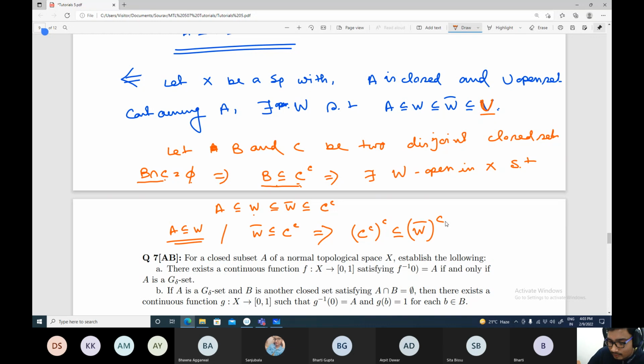Now can we say W intersection W closure complement is empty? Yes, so we got the result, right? This is another open set. So C is contained in W closure complement. Done. Therefore, this space is normal.